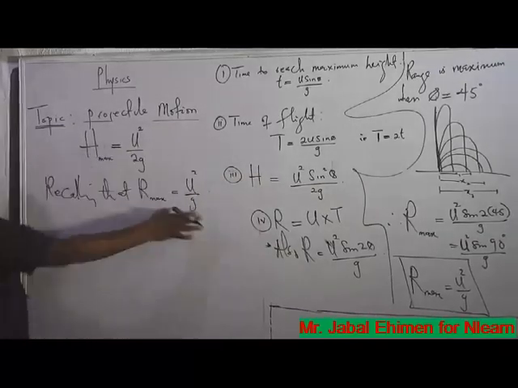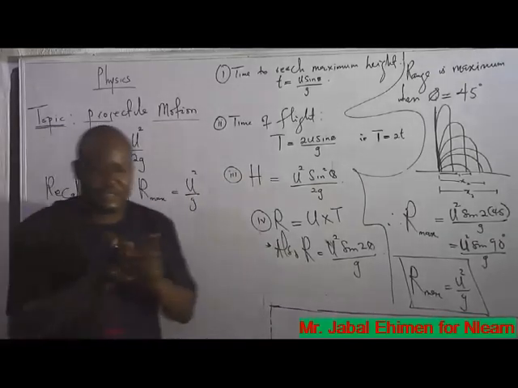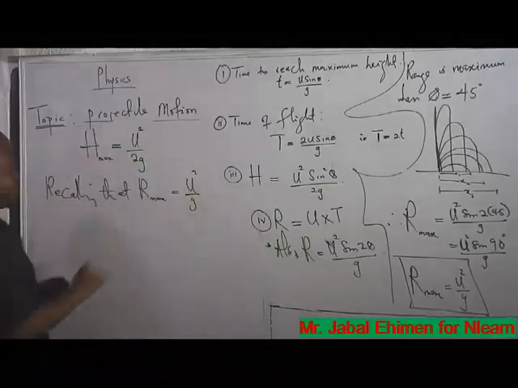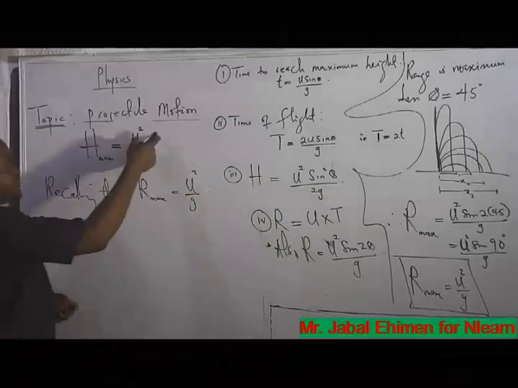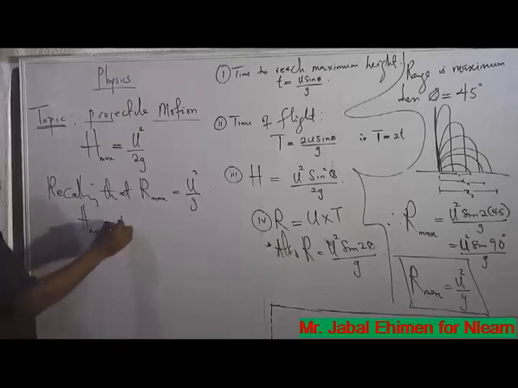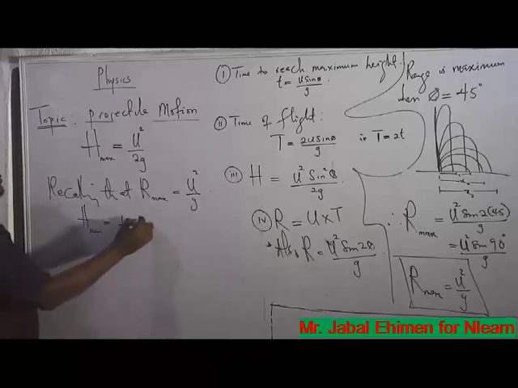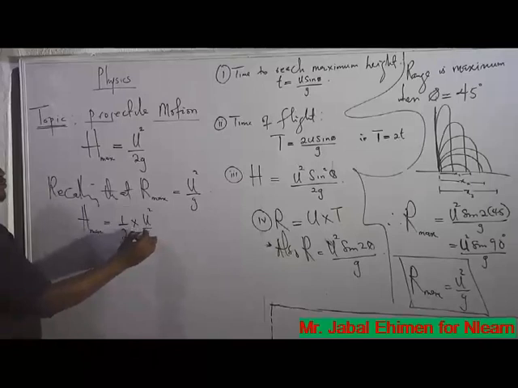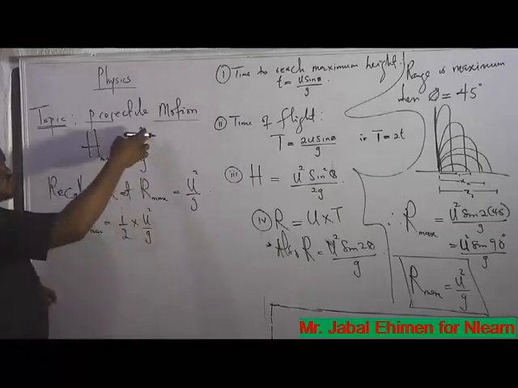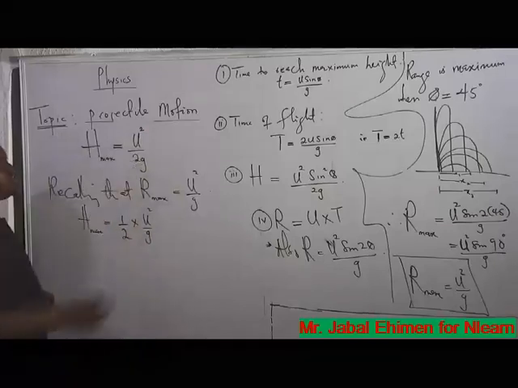Now, how do I relate these two together mathematically? I'll bring them together. From here, if I take this first, this can be rewritten as h max is the same thing as 1 over 2 times u squared over g. These two values are the same: 1 times u is u squared, 2 times g is 2g.